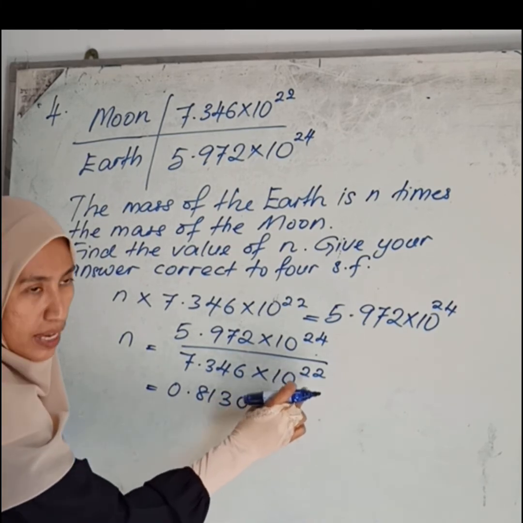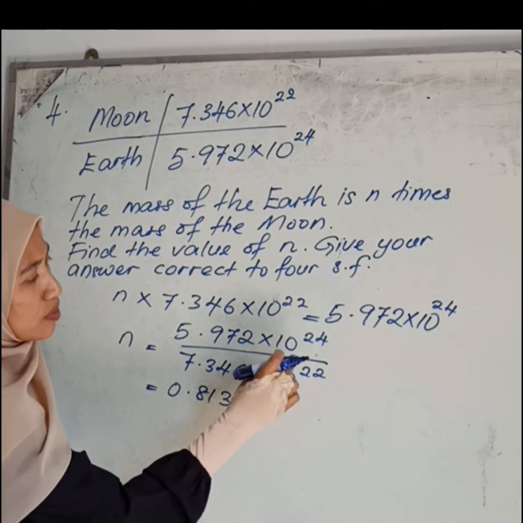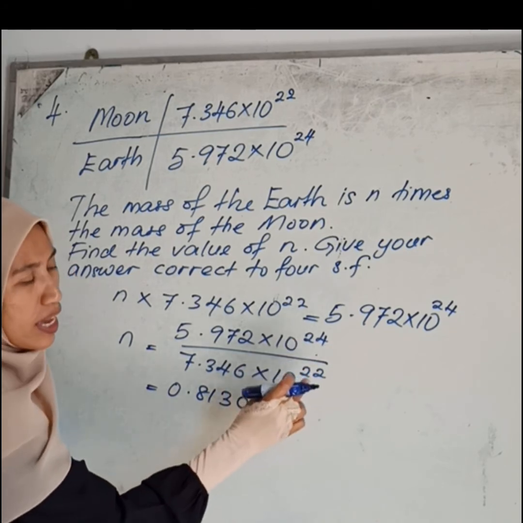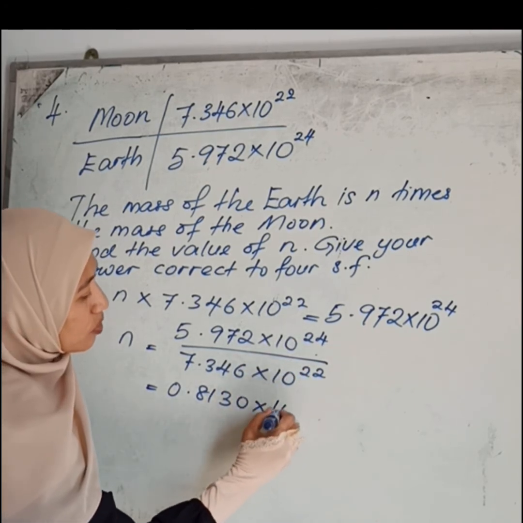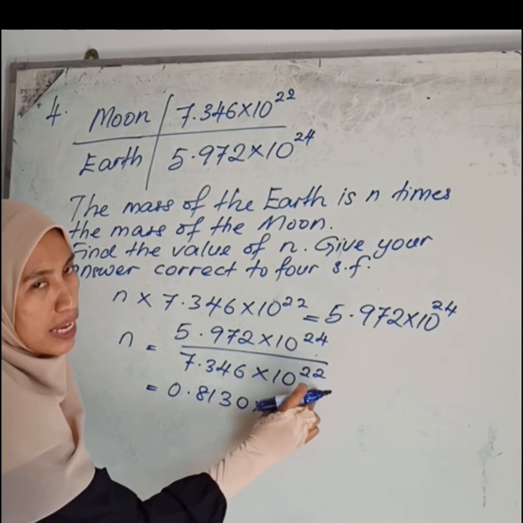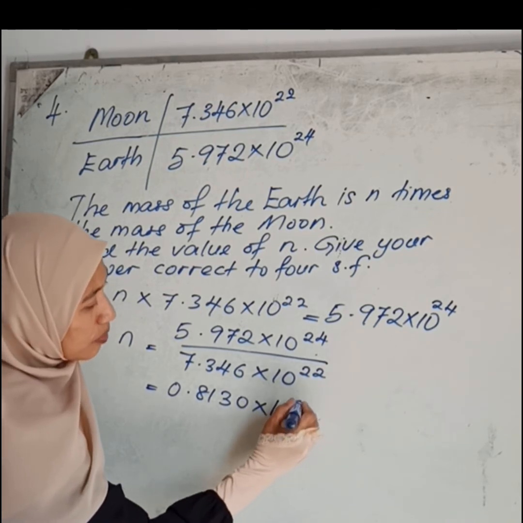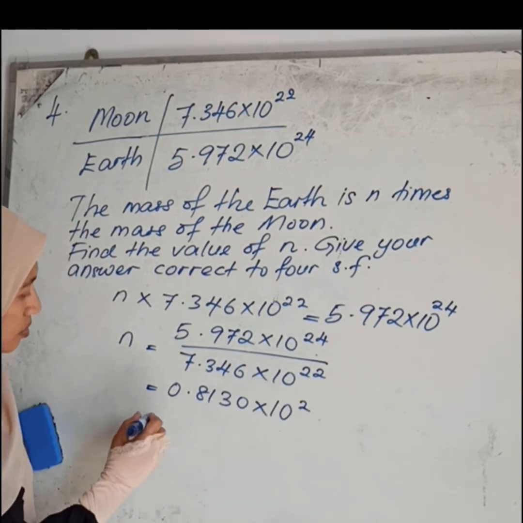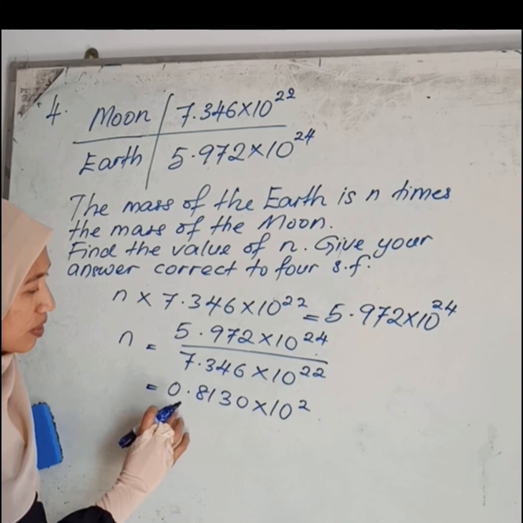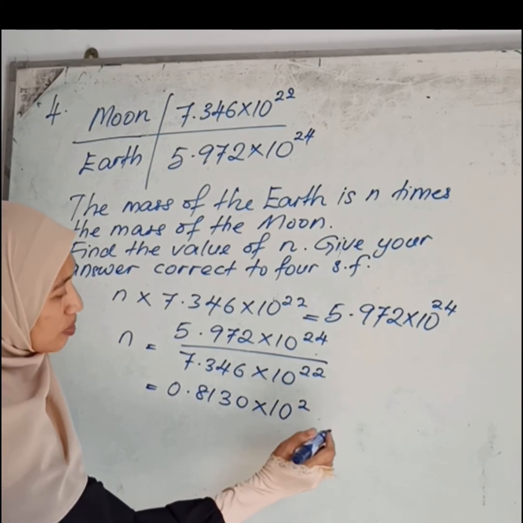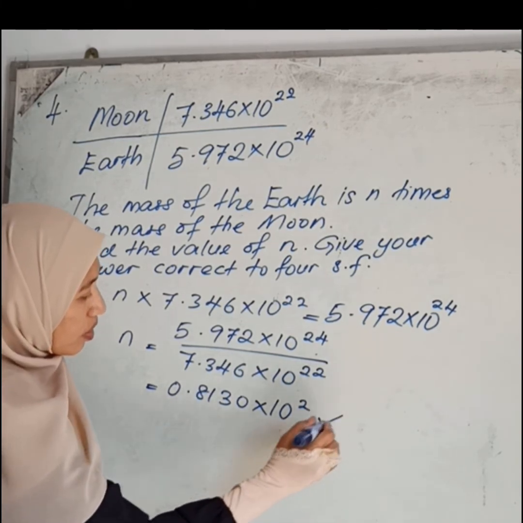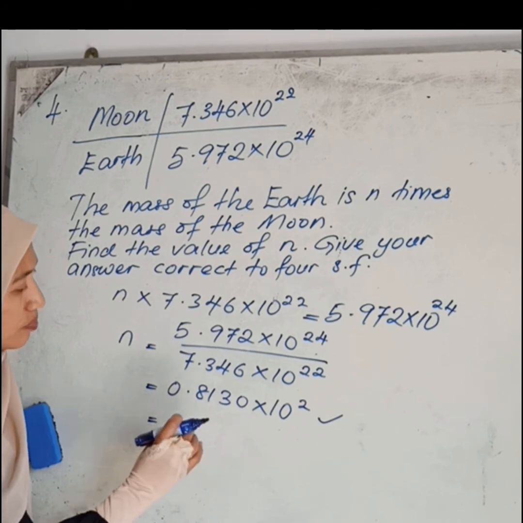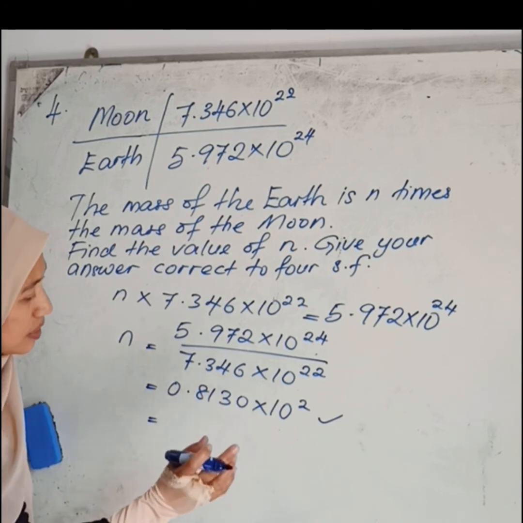By using the second law of indices, the index we can subtract. So 10 to the power of 24 minus 22, which is 2. So this is 4 significant figures already. So you can stop here or you can change to a single number.